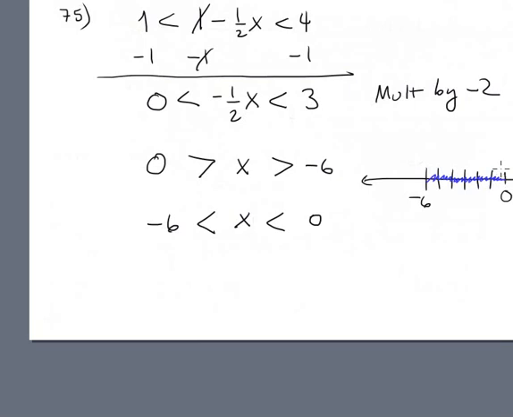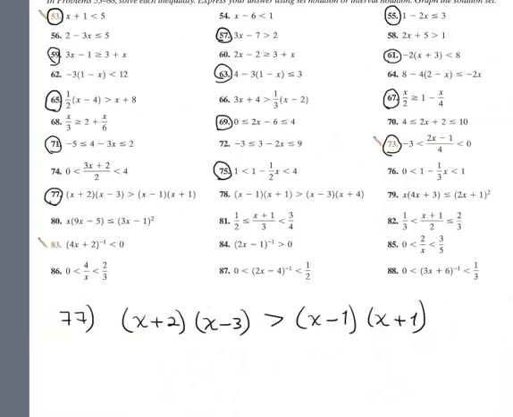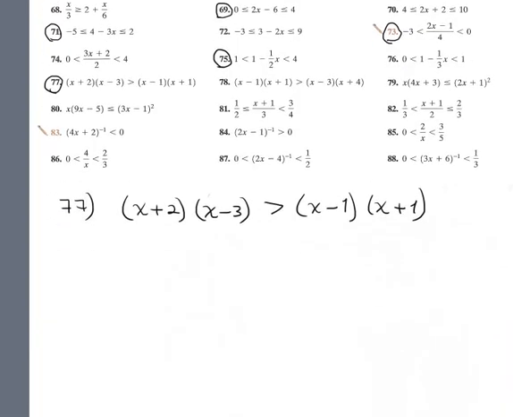Do not include both endpoints. And the interval notation is parenthesis negative 6 comma 0 parenthesis. And the set notation is just copy this: minus 6 less than x less than 0.